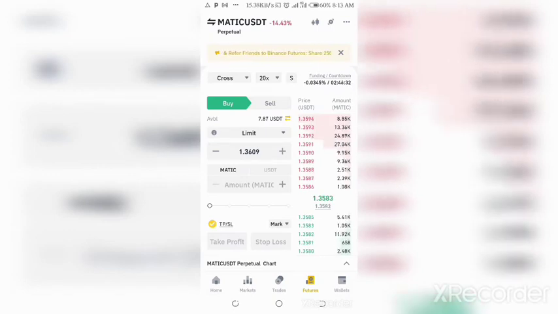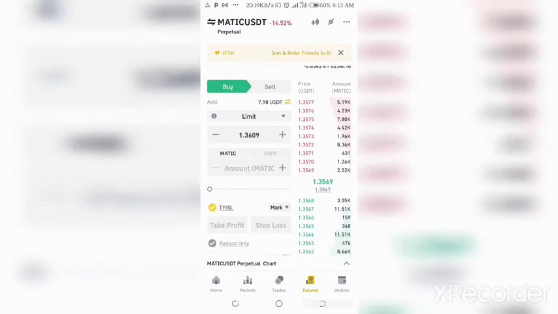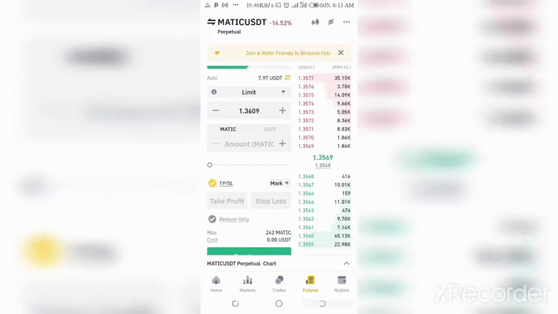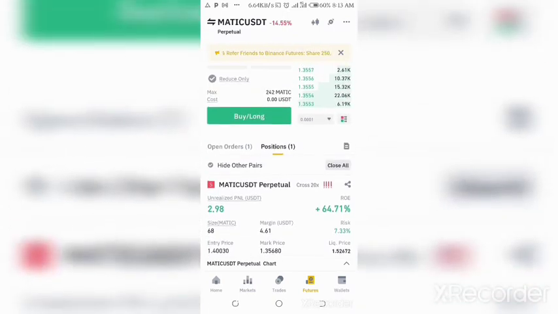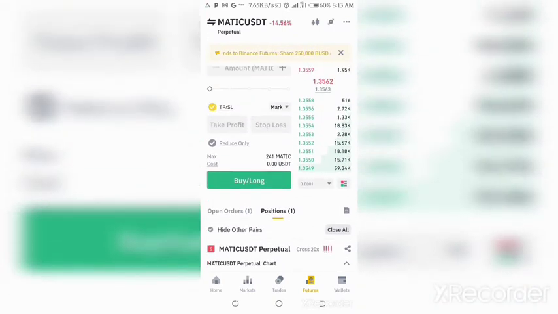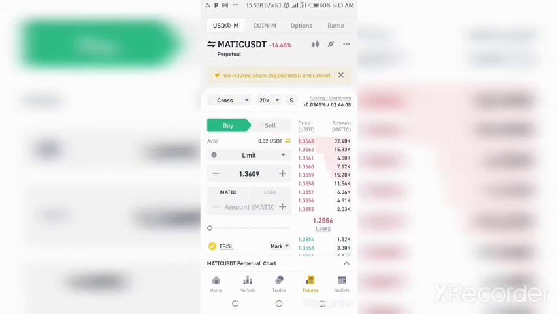Now, like we looked at cross and isolated, just to elaborate more: with cross, the entire money you have in your account will be used to keep that trade running. Since I'm trading using cross, the entire amount here is used.